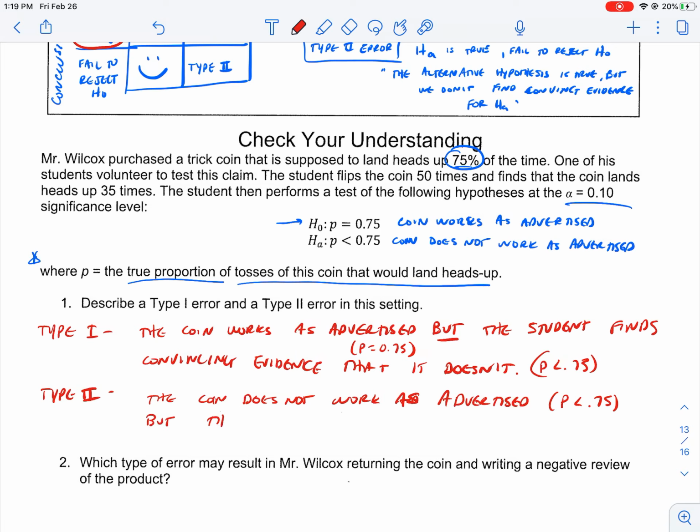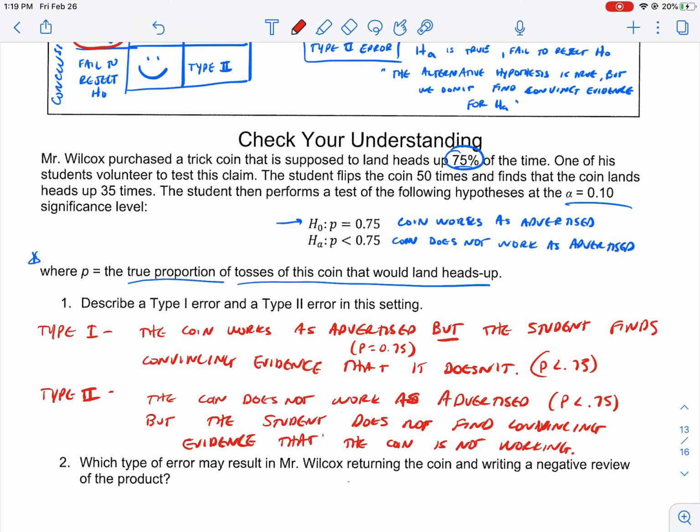But the student does not find convincing evidence that the coin is not working. Okay? So it's actually not working, but they don't find convincing evidence that it isn't working.